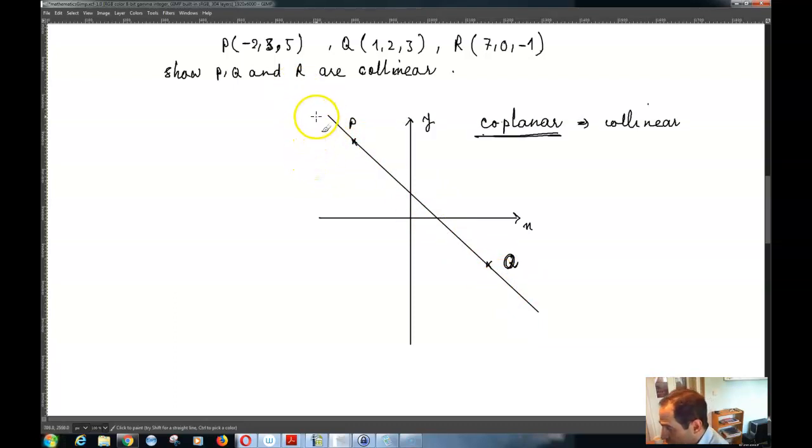Now, when it comes to 3 points, things get a little bit more complicated. In the same XY plane, suppose that you have your P over here, your Q over here, and your R over here. Of course, you could say that P and Q are collinear, or P and R are collinear, or Q and R are collinear.